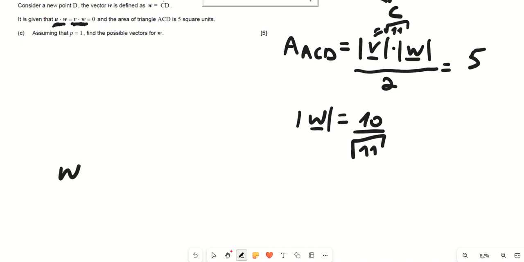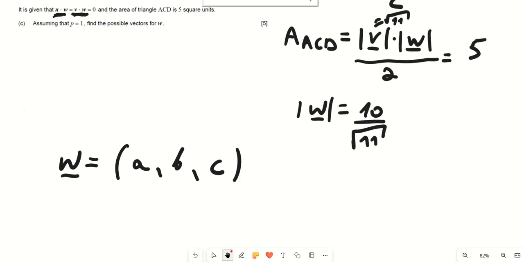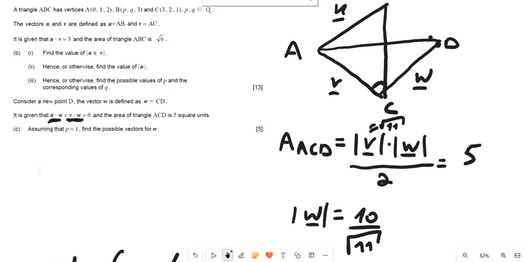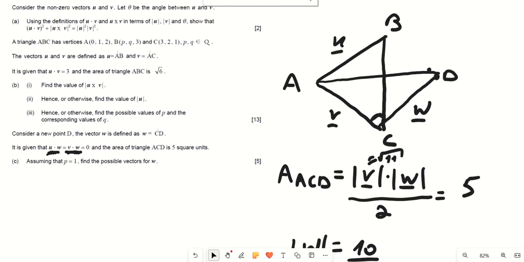So if I now call the vector W as A, B, and C, I will also write down the vectors U and V. So U is here, and A is 0, 1, 2, and B is basically P, Q, and 3, but they say that we take the case where P was 1, and then Q is 2, and 3.